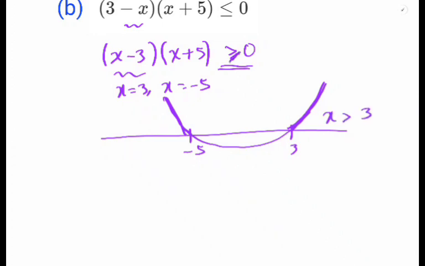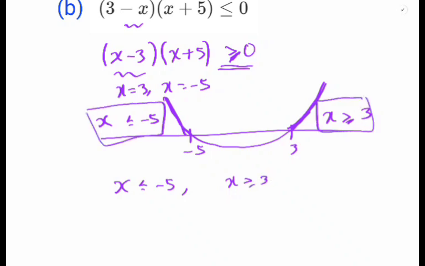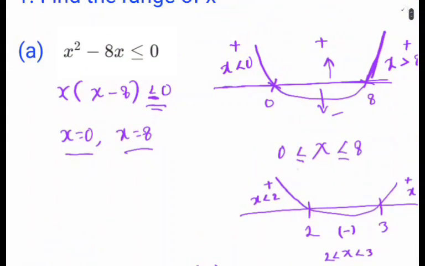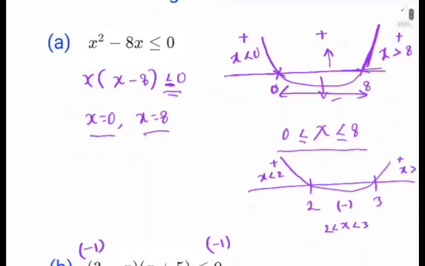Because here also got an equal sign, I put equal here. x here is smaller or equal to negative 5. So your answer is x is smaller or equal to negative 5, comma, x is bigger or equal to 3. Because this one is separate, this side and this side, that's why you write it separately here. Like just now, it's together. You see, this is together. Together means this is from 0 all the way up to 8.